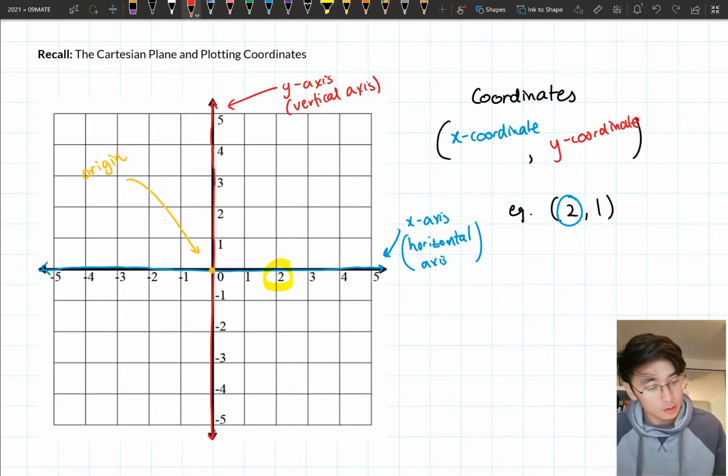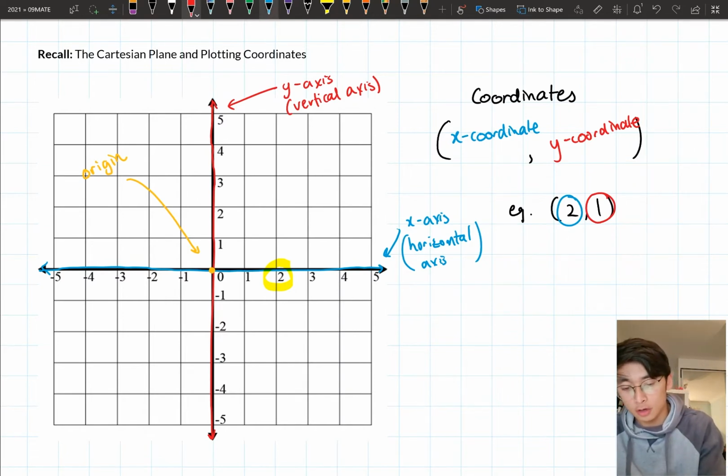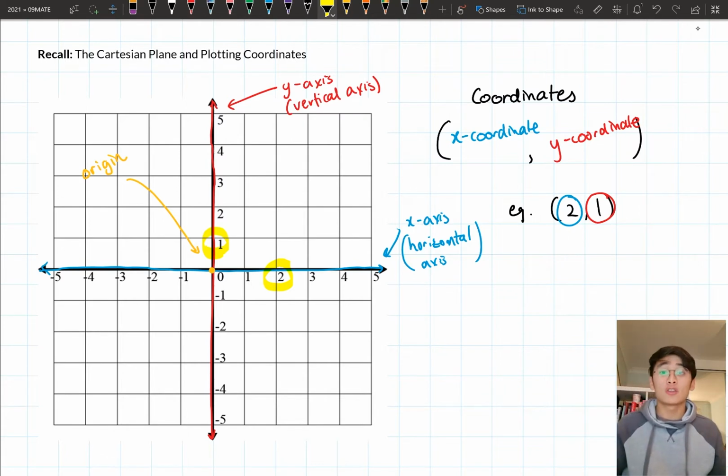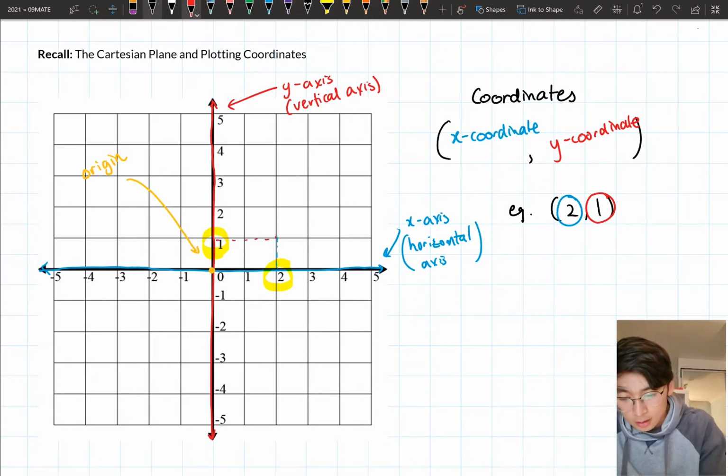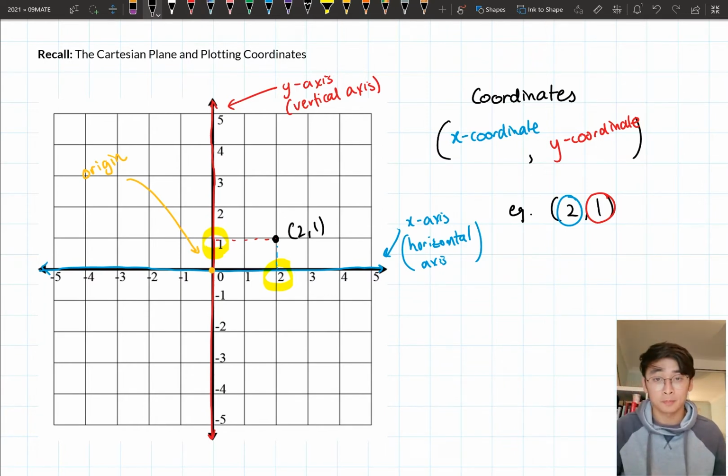The second thing I need to do is just look at my y coordinate. 1, that's my y coordinate. So I'm going to go to where 1 is on the y-axis, over here at 1. And all I need to do is just line up those 2 points and go, okay, cool. My x goes up here, my y goes along here. And so this point over here is (2, 1).